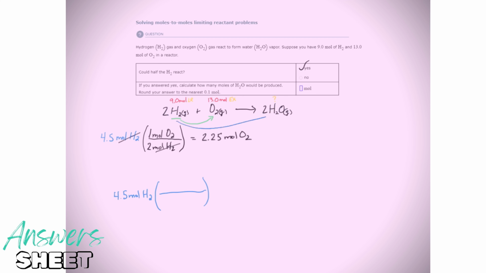So we're going in this part from there to there. 2 moles of H2 react to produce 2 moles of H2O. I end up with 4.5 moles of H2O. And so that is what we get there.